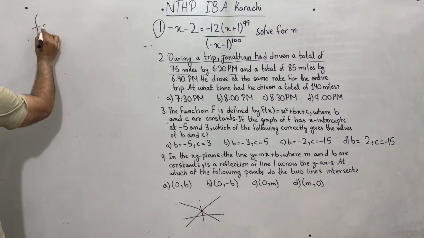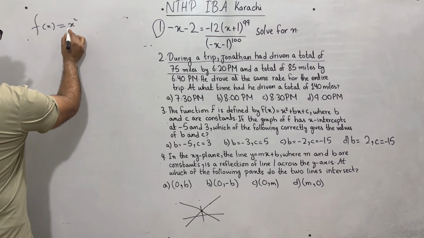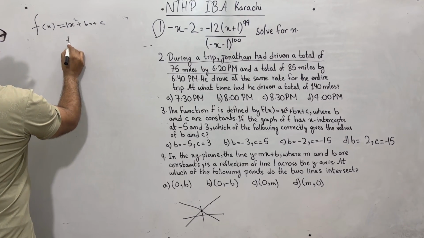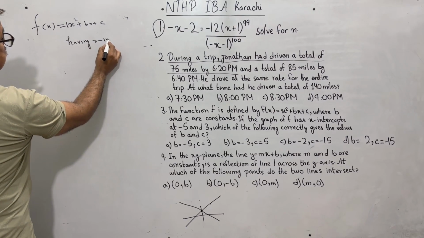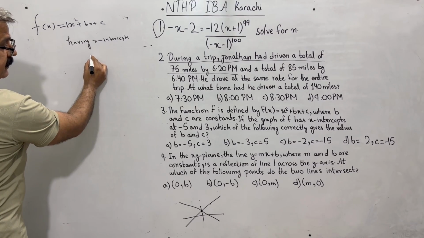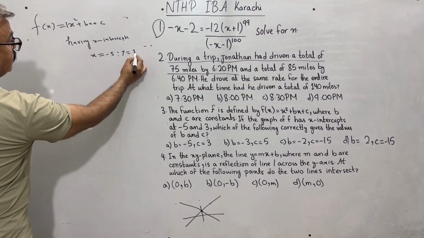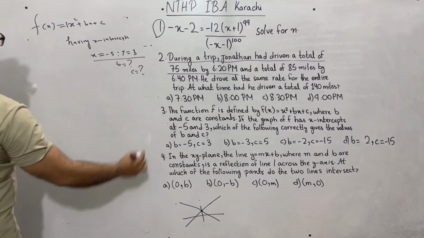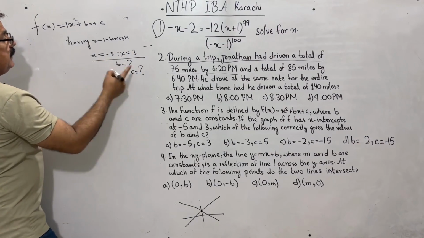We have a graph equation with x square having coefficient 1, plus bx plus c, and x-intercepts, meaning values of x, -5 and 3. Then determine the value of b as well as c.